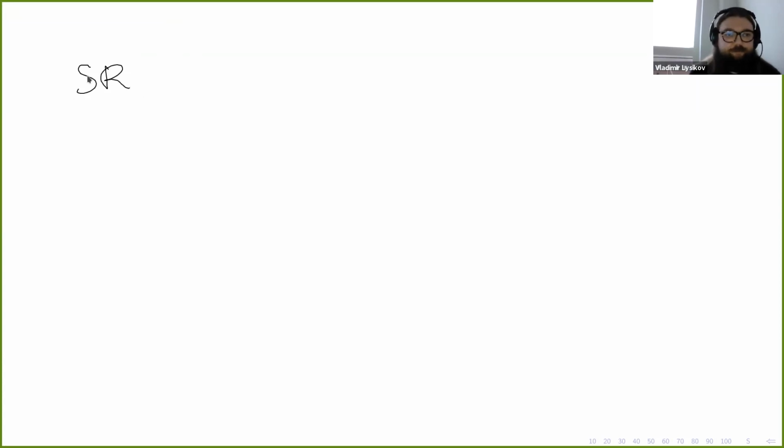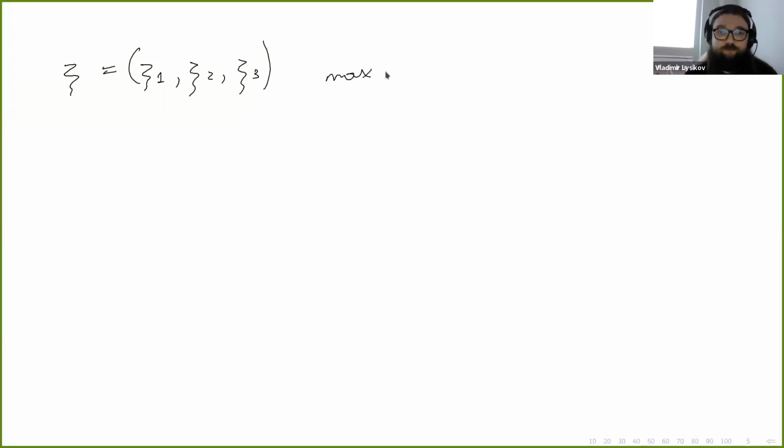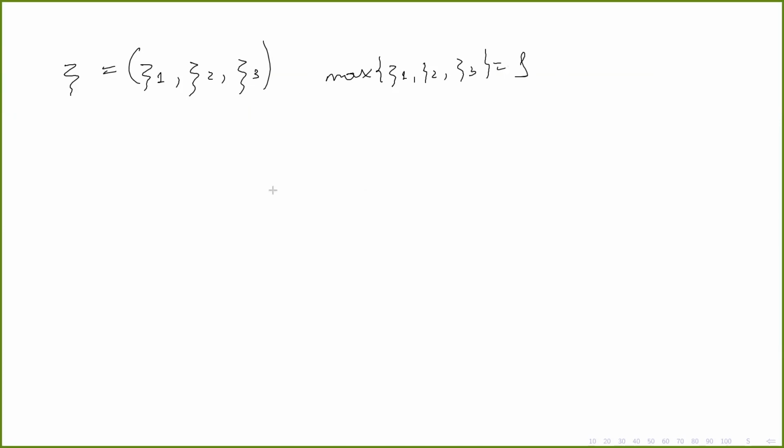So let's say xi is a triple of numbers such that the maximum of these three numbers is 1.